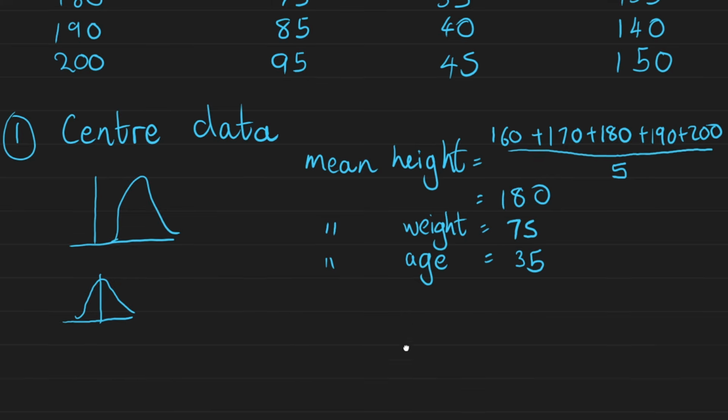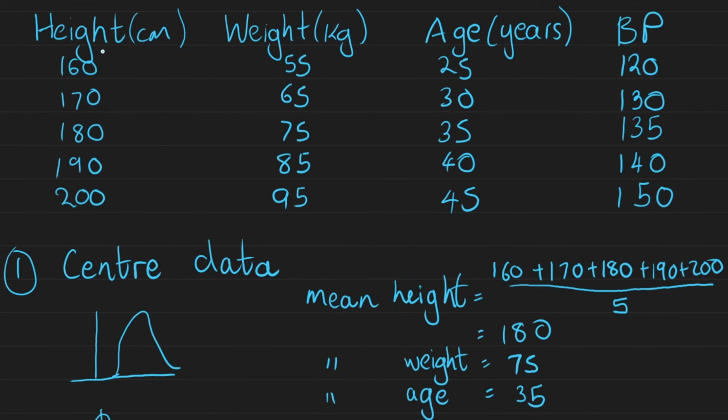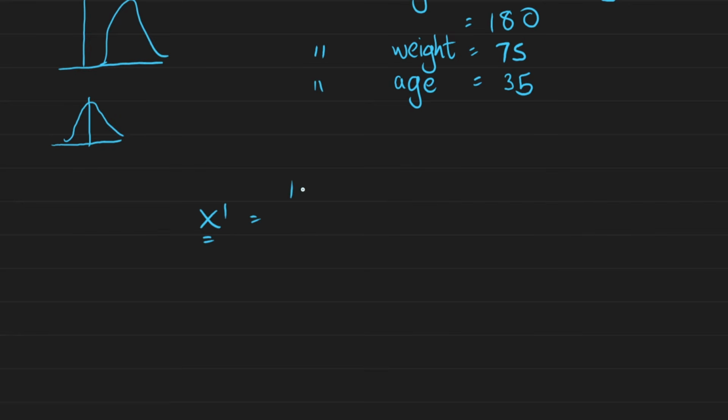So let's do that. Let's put these deviations in a matrix. We'll call that x prime. We're going to take these values of height, 160, 170, and so on, and subtract 180 from each one of them. So we'll have 160 minus 180, 170 minus 180, 180 minus 180, 190 minus 180, and finally 200 minus 180.